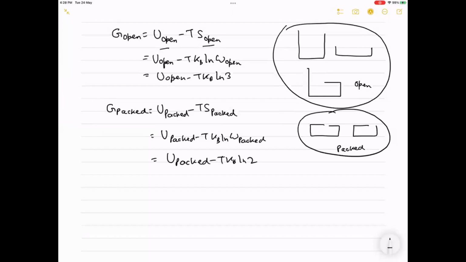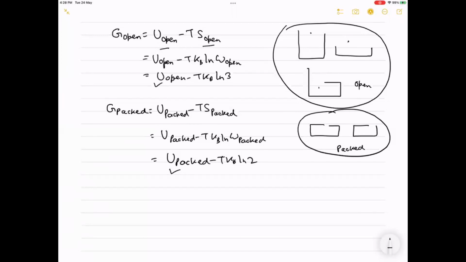What we have to calculate now is U open, the average energy of the open macroscopic state, and the average energy of the packed macroscopic state, right? And if I have to calculate the average energy of the open macroscopic state, I have to calculate the energy of this one, and this one, and I have to take the average.